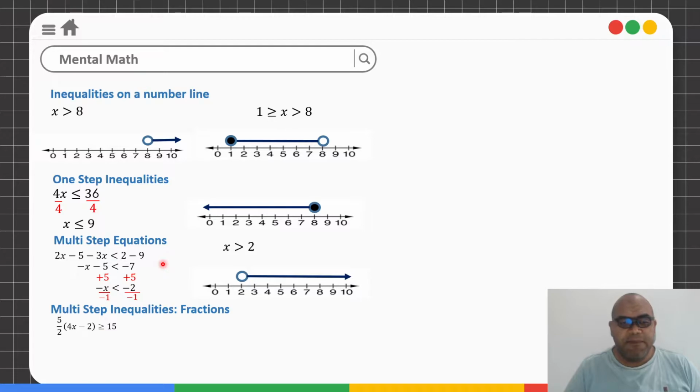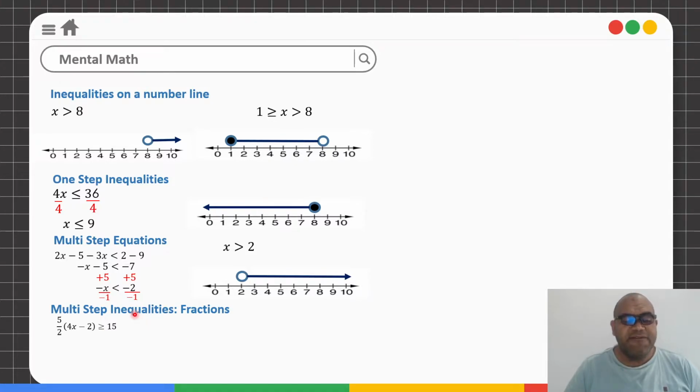And multi-step inequalities with fractions. When we have fractions, it's the same thing. First, solve the fraction. But here, guys, we have to distribute. Let's distribute this one here. How do we distribute this? Well, 5 halves times 4x is 20x over 2, which equals 10x.